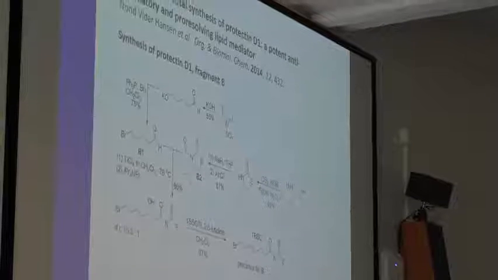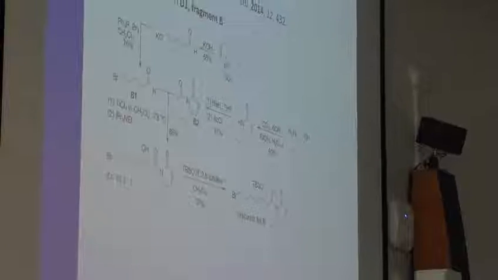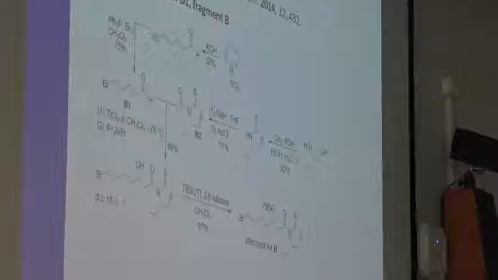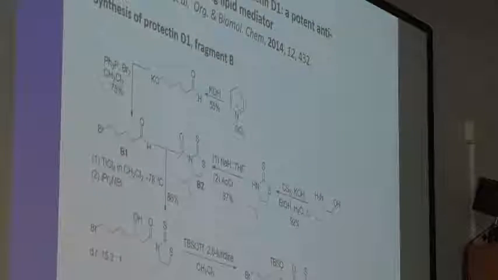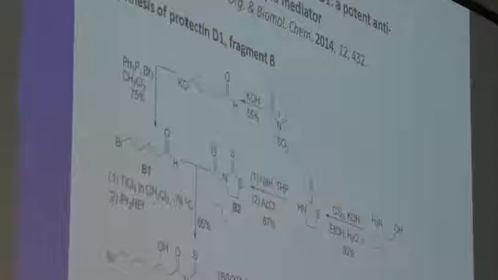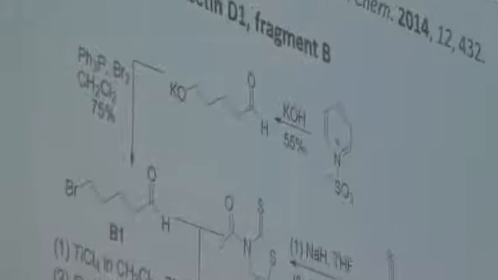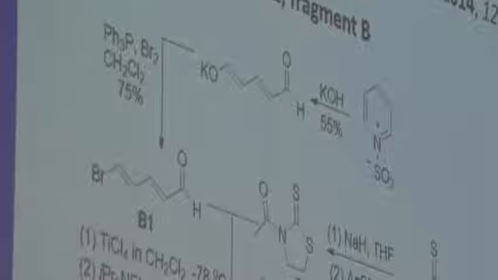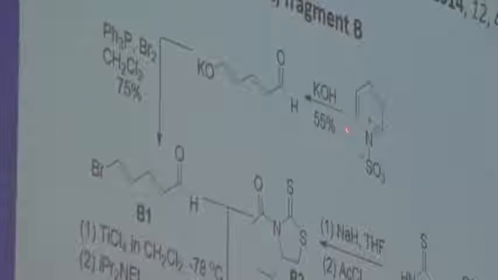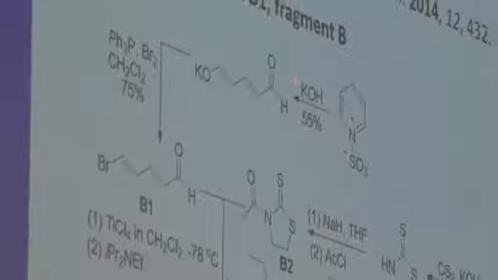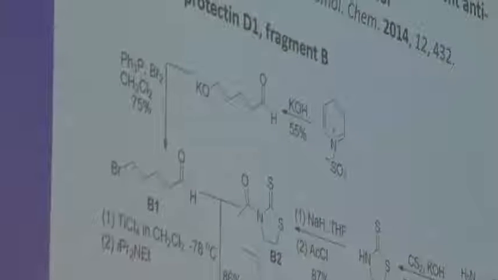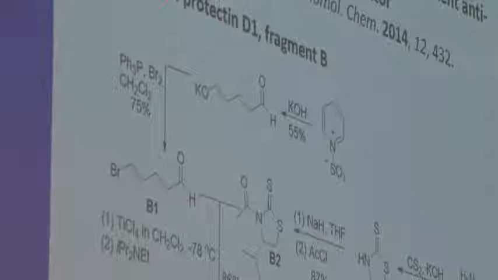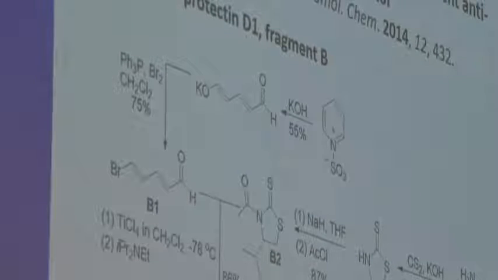This slide shows the synthesis of the precursor of fragment B. The first part of the synthesis to B1 was an adapted literature synthesis, where the pyridine ring is opened under basic conditions to give this conjugated aldehyde, and this group is then replaced by bromine.